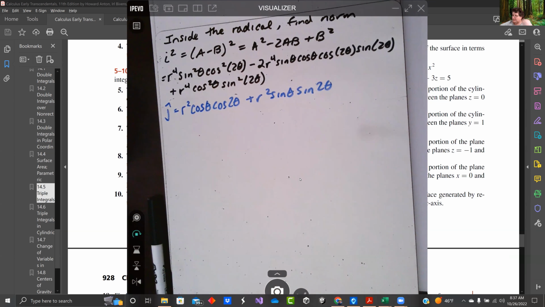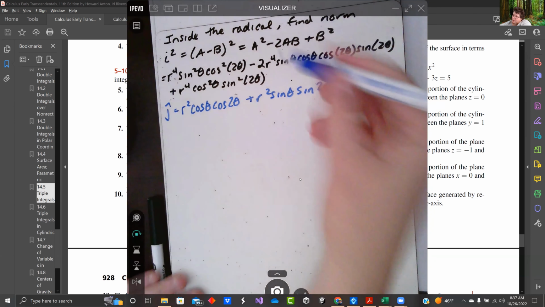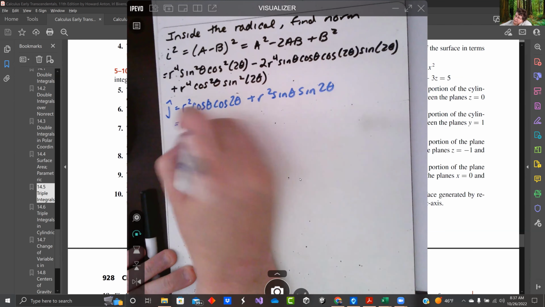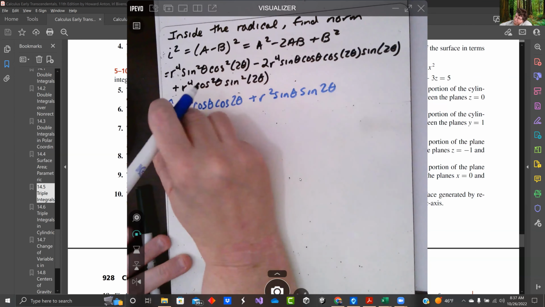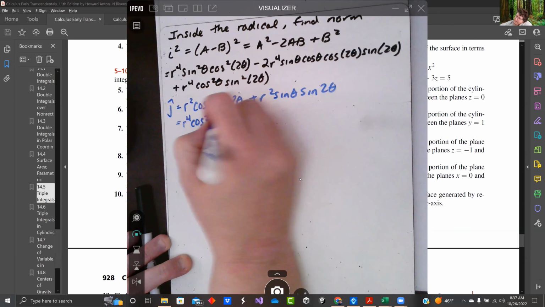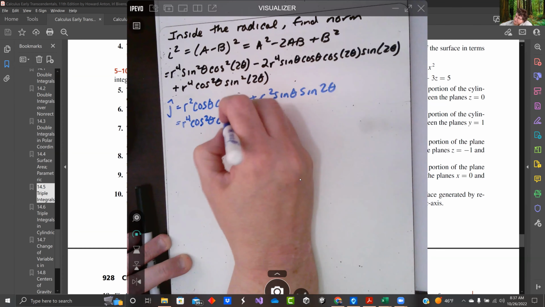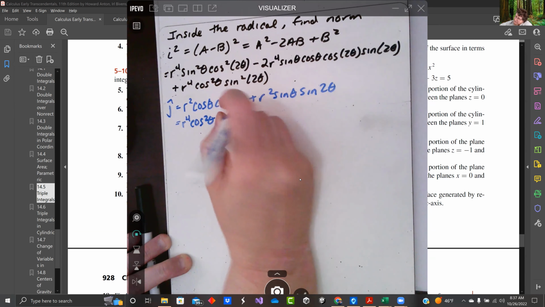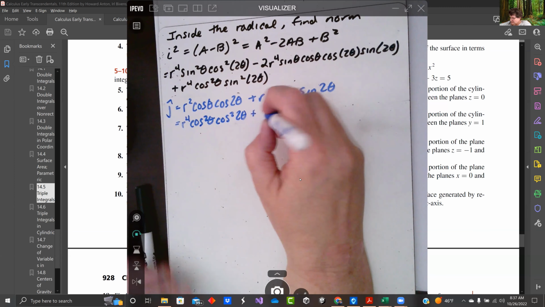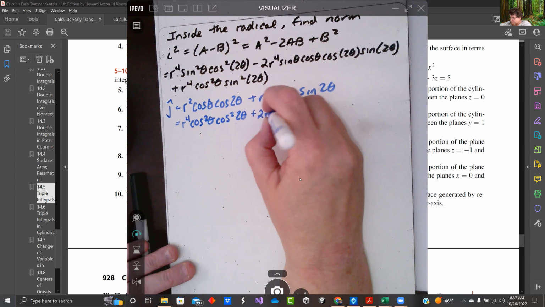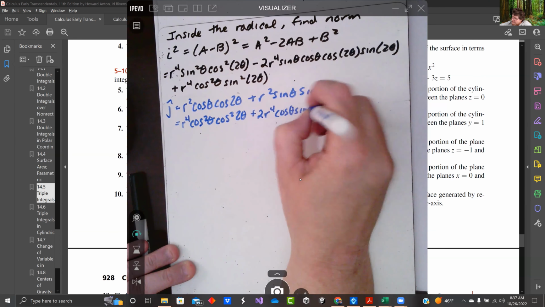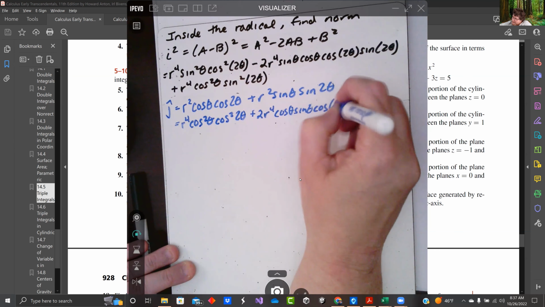So when we square this, this one's going to be A squared plus 2AB. So I've got R squared, I'm sorry, R to the 4th, cosine squared theta, cosine squared 2 theta, plus 2R to the 4th, cosine theta, sine theta, cosine 2 theta, sine 2 theta.